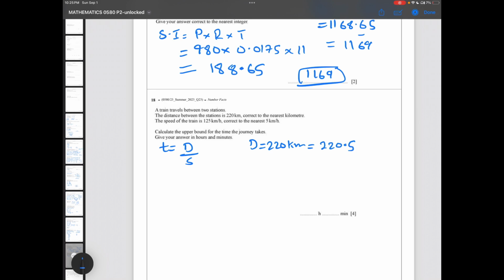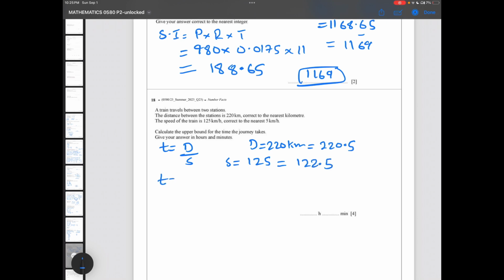Okay, and speed is 125 kilometers per hour, and this has been rounded off nearest to 5. To get the upper bound for time, the speed should be minimum. So we will be taking the lower bound of speed to get the maximum time. If it has been rounded off nearest to 5, the lower bound for the speed will be 122.5, right?